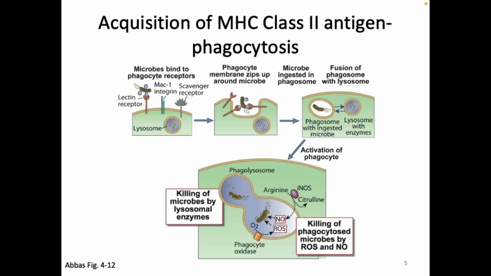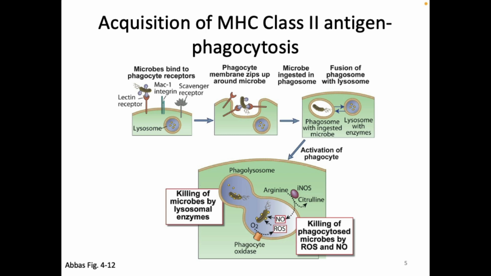One of the ways that we can acquire antigen for MHC Class II is shown here, and that is the process of phagocytosis. You can see a microbe binding to a receptor, and we might have that microbe phagocytosed.